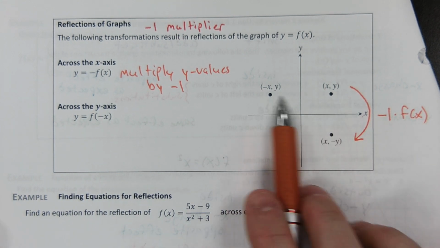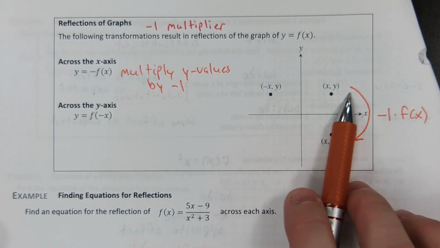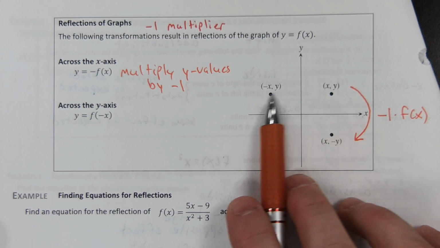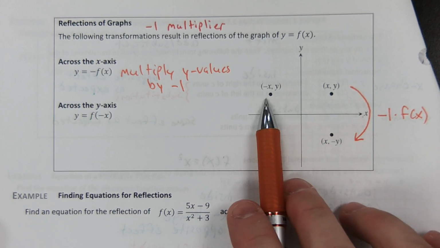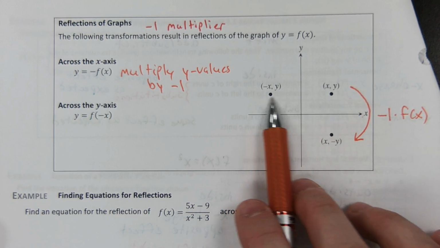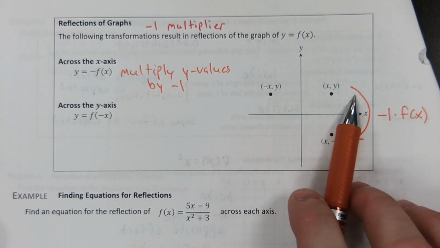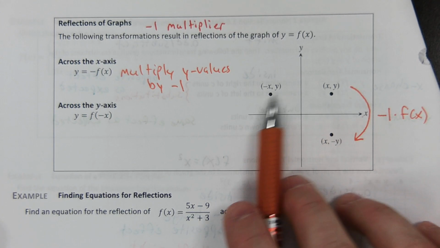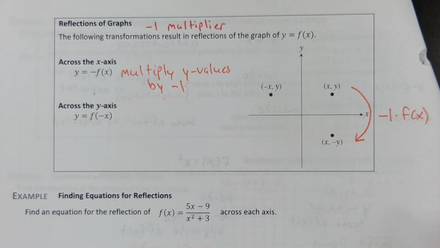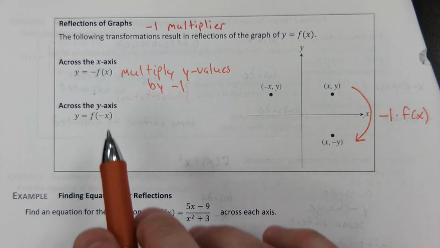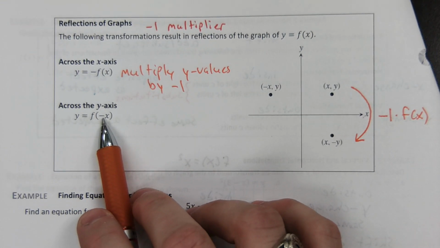Now this one here. If this is a left-right motion, is that going to be an x change or a y change? X change. So you can see that when I do this, my pen is crossing the y-axis. So when you say reflect over the y-axis, you have to realize it's x that you are changing. And if it is x that you are changing, it's going to happen on the inside.